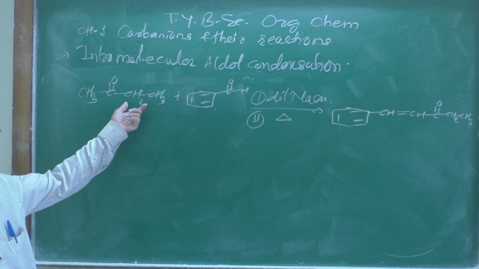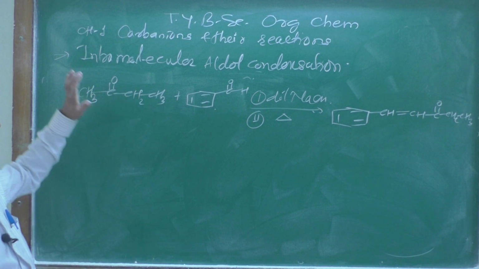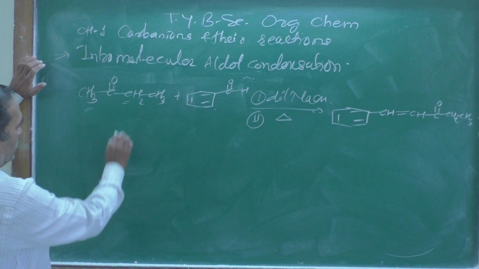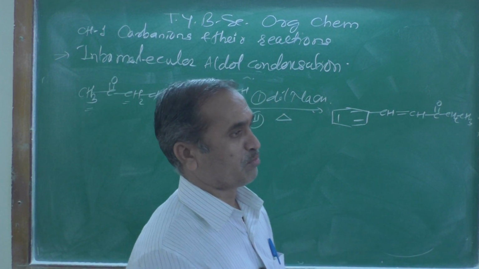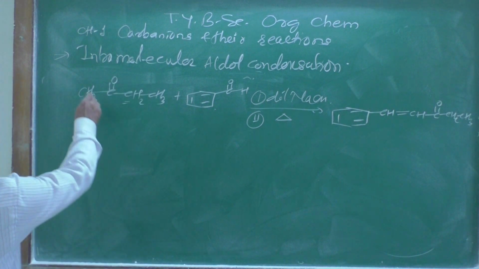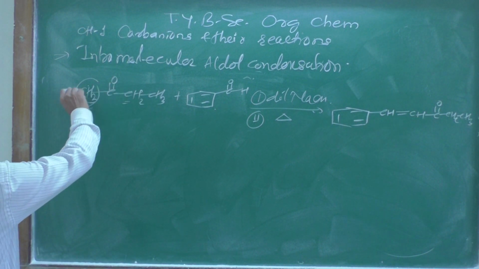Another product may be possible if you form a carbanion. There are two acidic protons. Let us see the adjacent alpha hydrogen atoms, and among these which one is more acidic in nature? Ultimately remember, this one is more acidic.